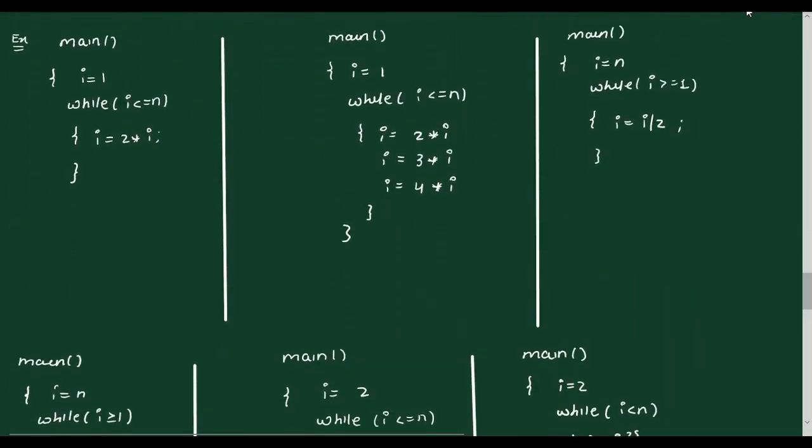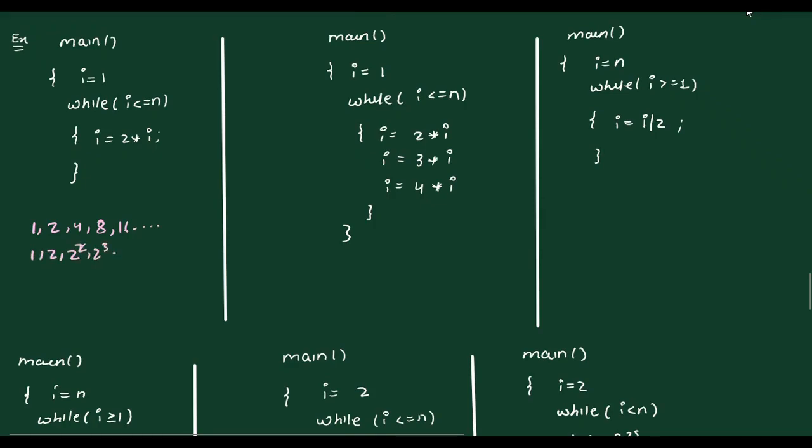Now let us look at another type of problems. Basically there is a main loop which is running from i equals 1 until i is less than or equal to n, and each time it is multiplying i by 2. That is, first i is 1, then it will become 2, then 4, 8, 16, and so on. And in general it is 1, 2, 2 power 2, 2 power 3, and so on, or basically 2 power k.